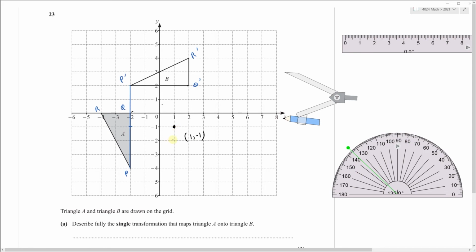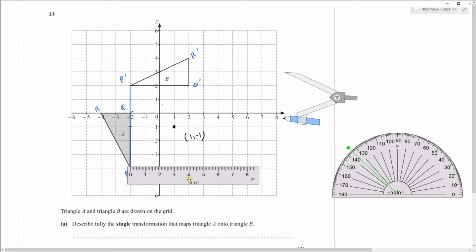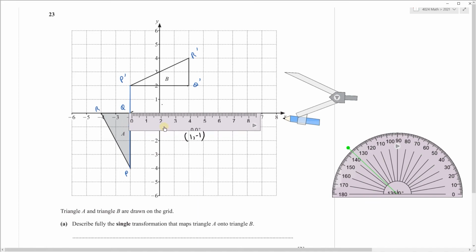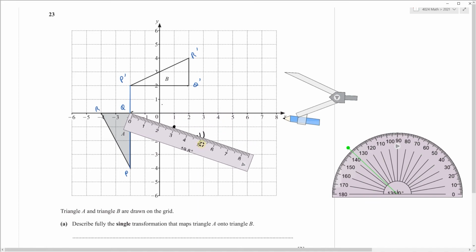Now we have to find whether it's clockwise or anti-clockwise, and how many degrees of rotation it is. We can easily do that by taking any 2 points. Let's take Q and its image. So we have to take the object and its image. Let's take this Q vertex and this image Q prime, and we'll join both to the center of rotation like this.